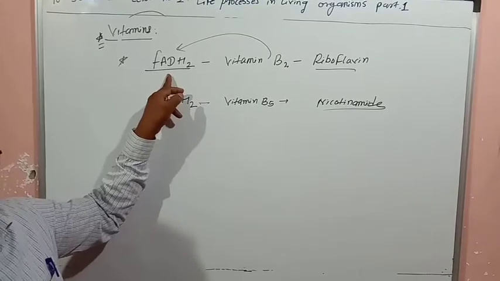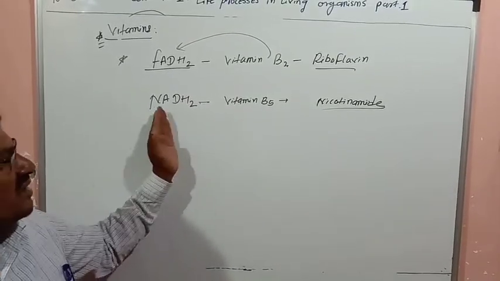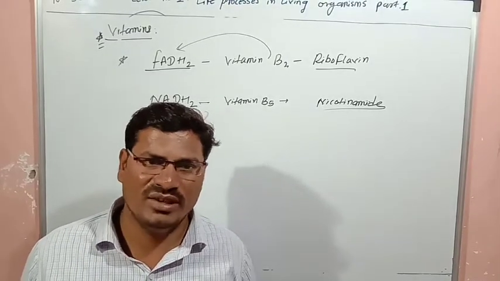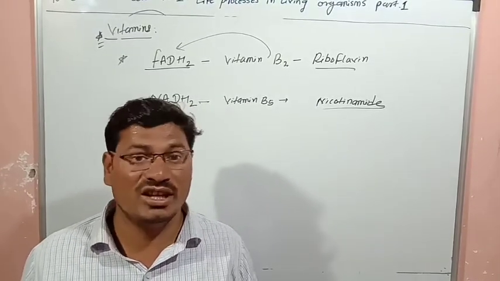Riboflavin is necessary for FADH2, and nicotinamide is necessary for NADH2. FADH2 and NADH2 are the enzymes we have studied, and these are necessary for ATP formation.